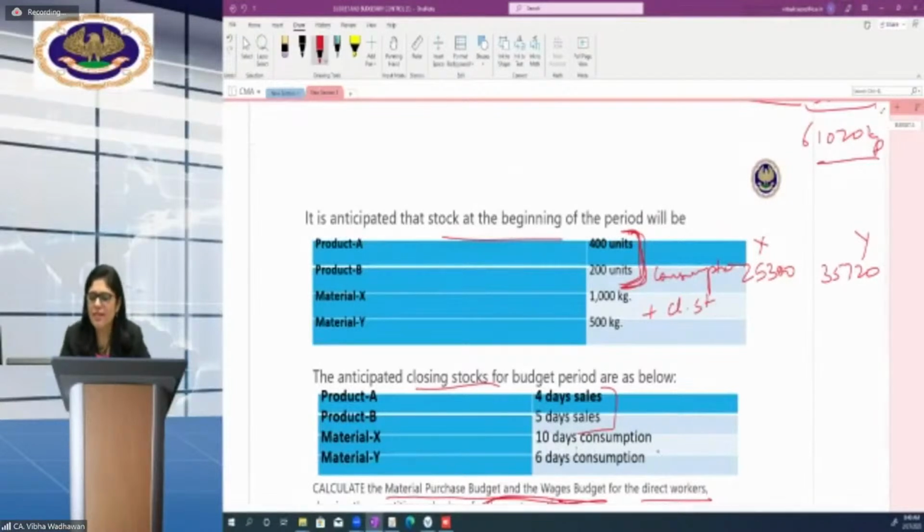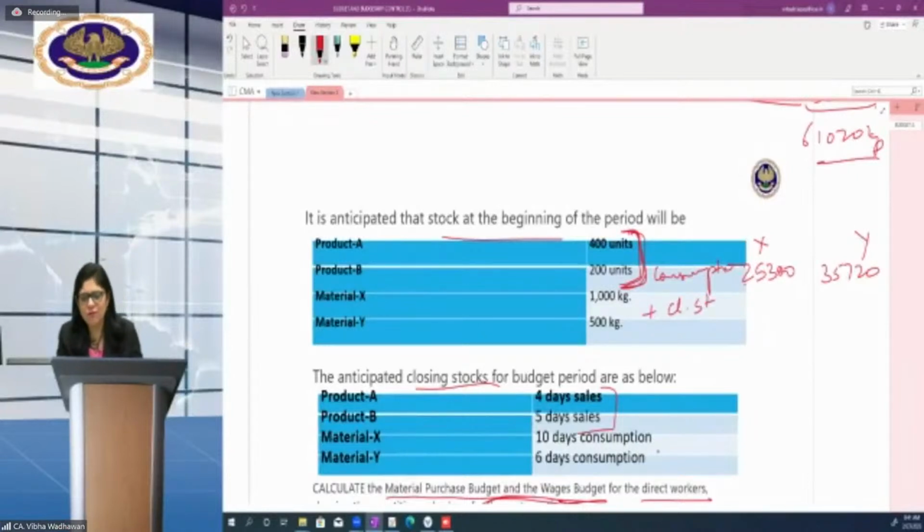So this 25,300 is the consumption for 20 days, as we have a budget period of 20 days. So convert this consumption into days. I'm repeating, closing stock of material is on the basis of consumption per day. So 25,300 and 35,720 are the consumption of raw material for the whole 20 days.